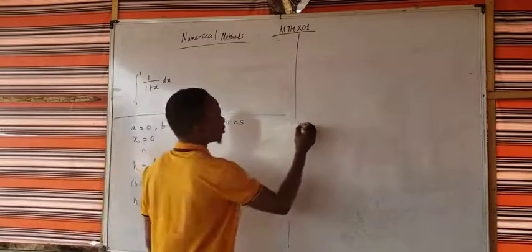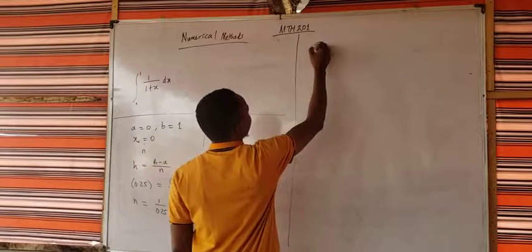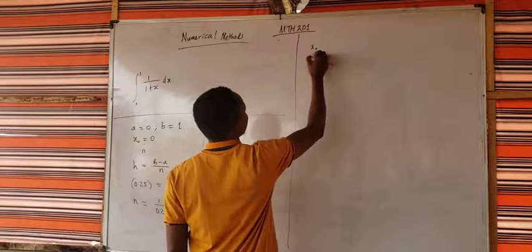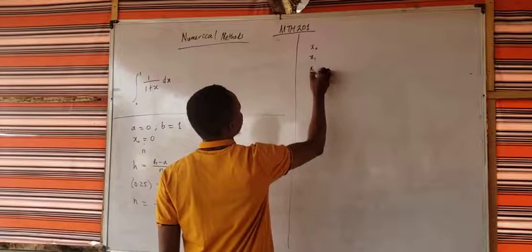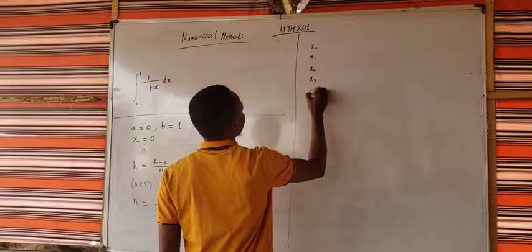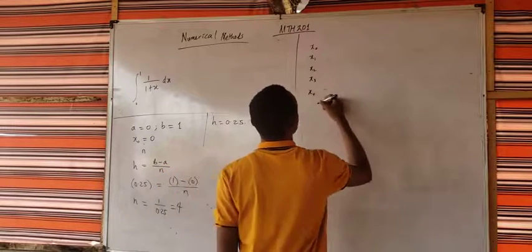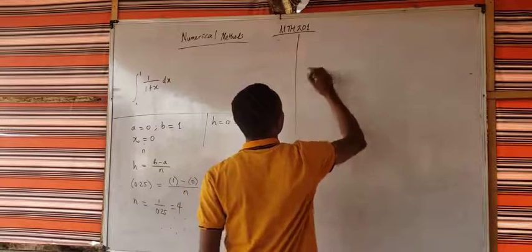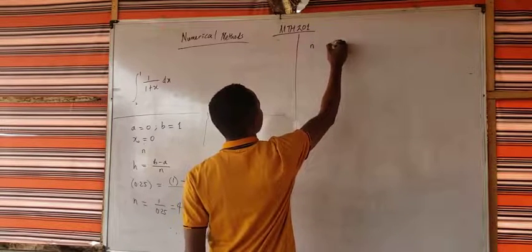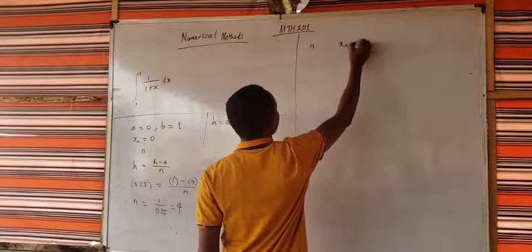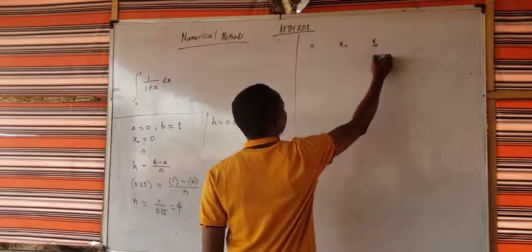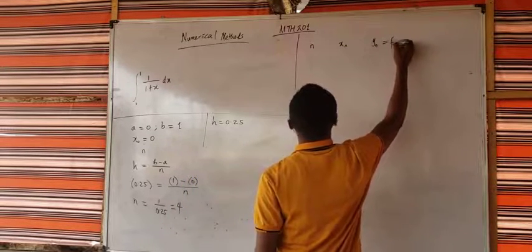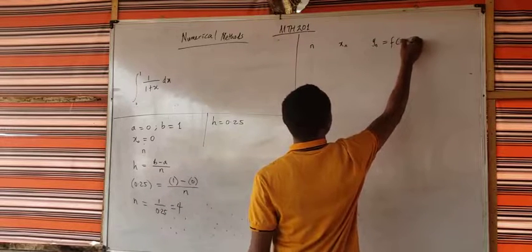If the number of intervals is 4, that means we're going to have to find x naught, x1, x2, x3, x4. So I can draw a table and say n, then xn, then yn, where yn will just be equal to f of xn.